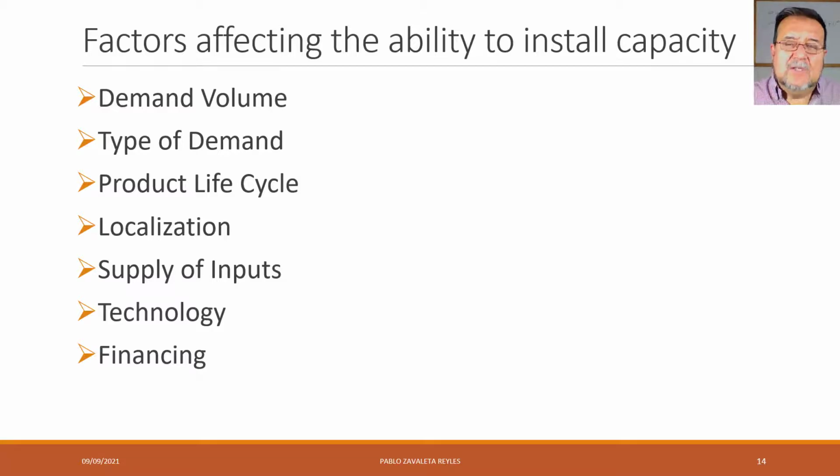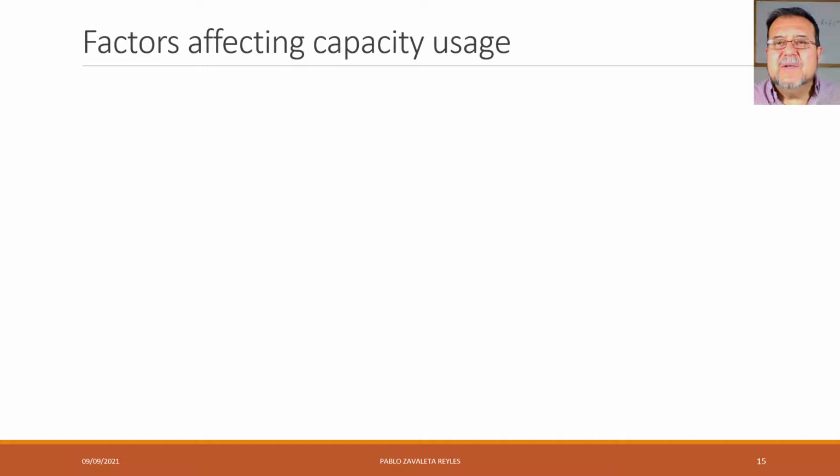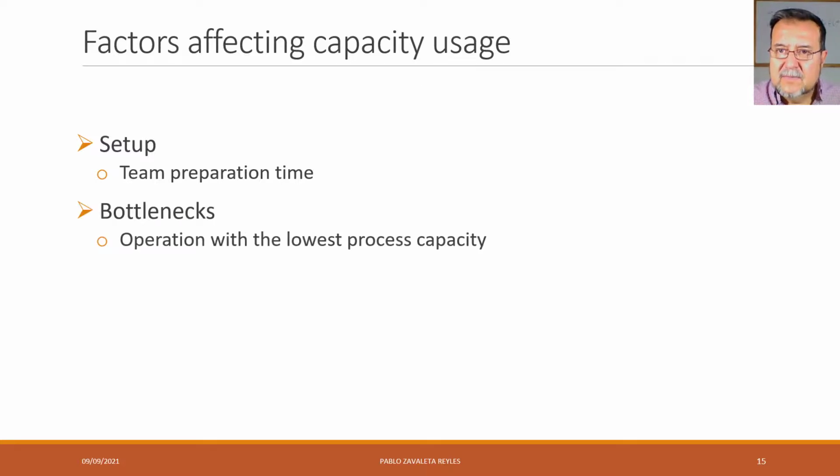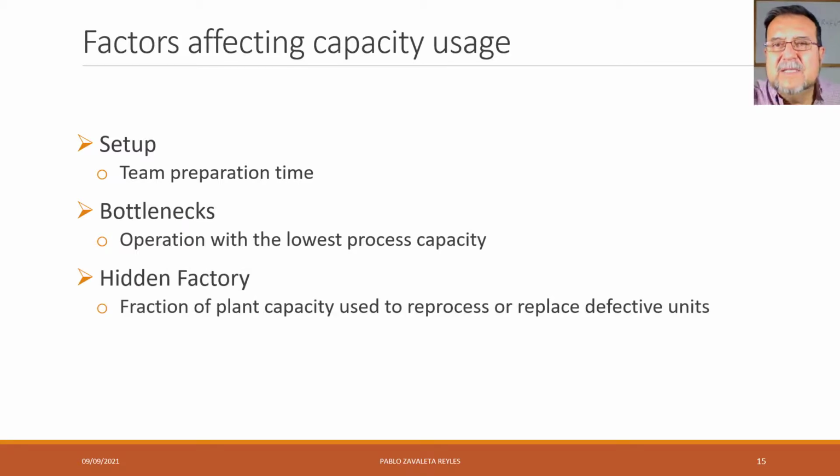Now, what factors affect our capacity usage? Well, for example, the setup. How much time do we need to prepare our process to work properly? Or our machine to produce something? The bottlenecks and the hidden factory. Remember this term.